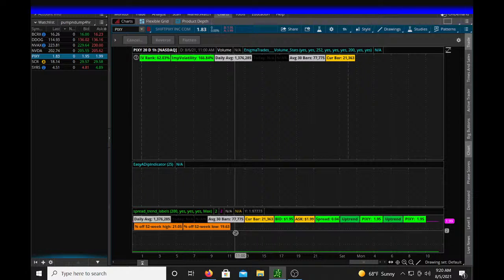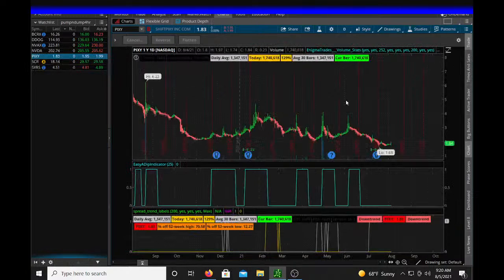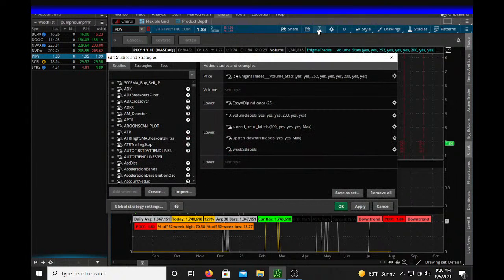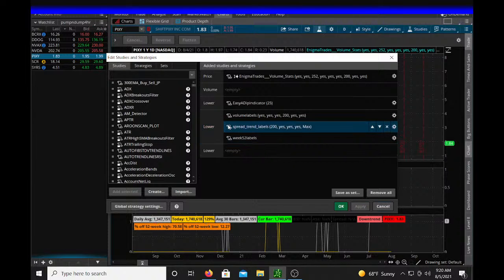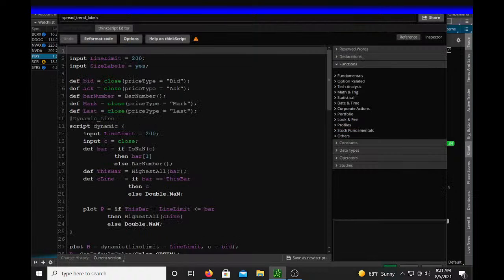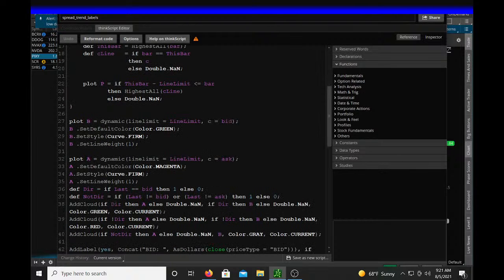What have I done? Okay. Let's see, something still has the uptrend, downtrend labels already in it. I bet, let's see, spread trend labels. Let's see, bid, ask, line limit size labels.